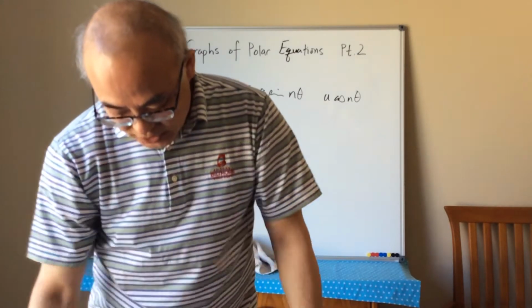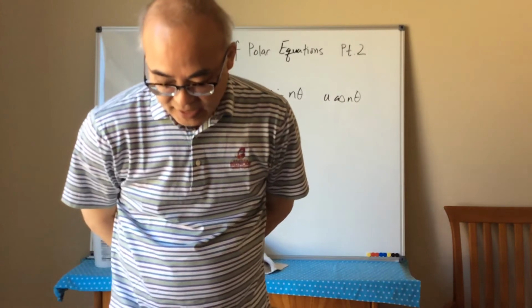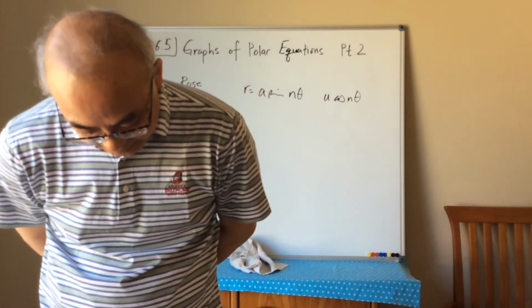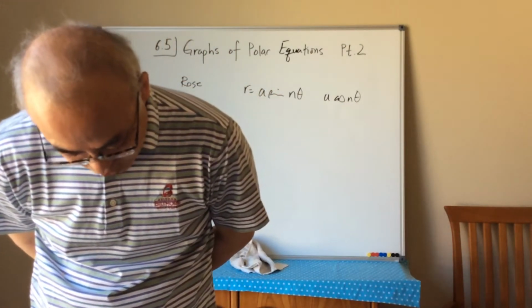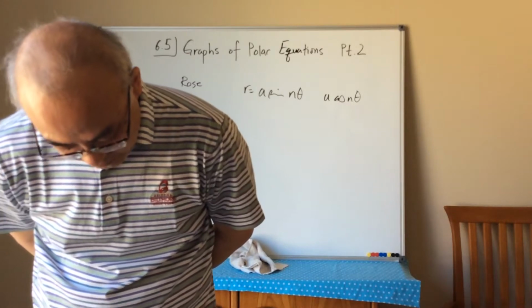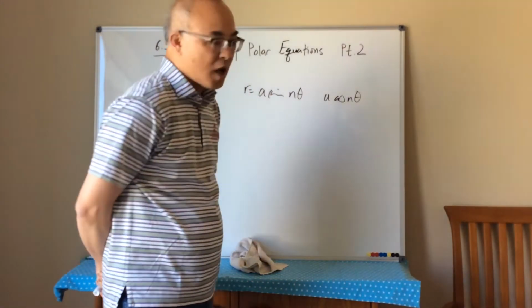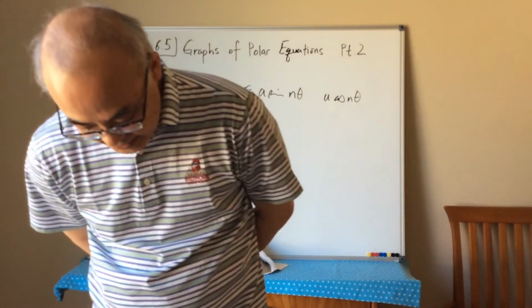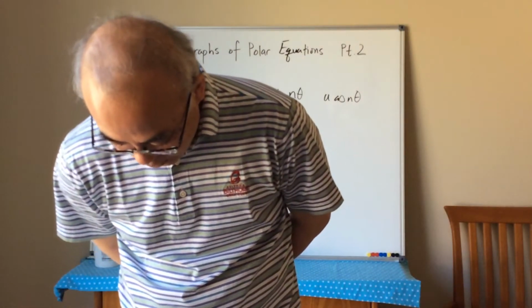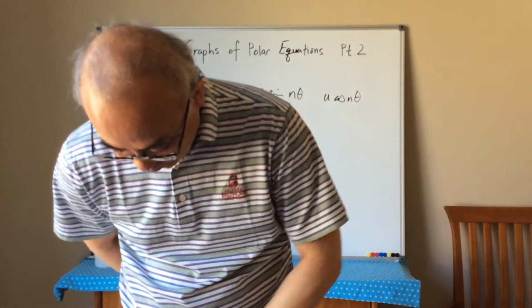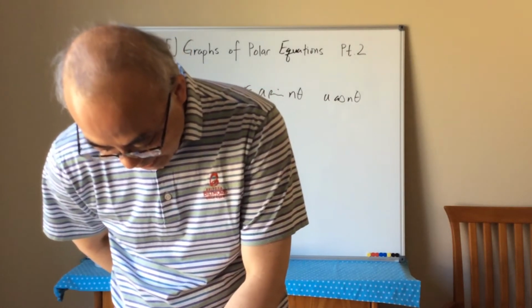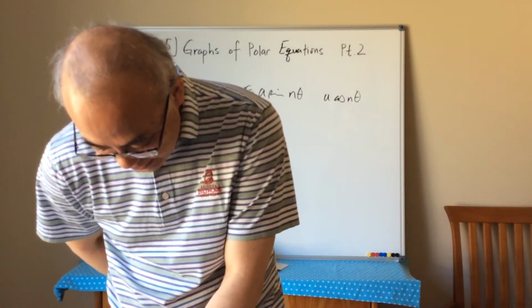Graphs of r equals a cosine n theta and a sine n theta have symmetry. When n is odd, it's symmetric.